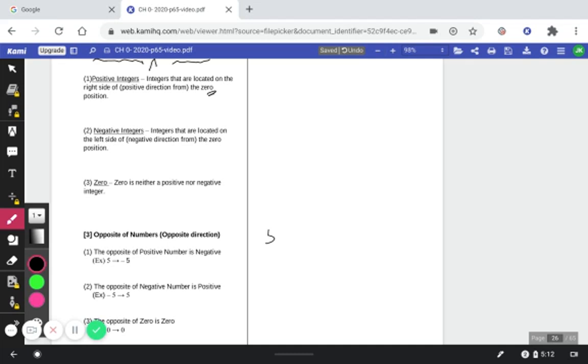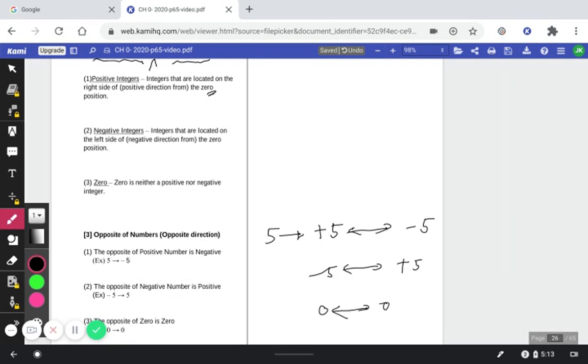So when you have 5, that means positive 5. So the opposite of 5 is negative 5. Then what is the opposite of negative 5? Then it's positive 5. The opposite of 0 is 0.